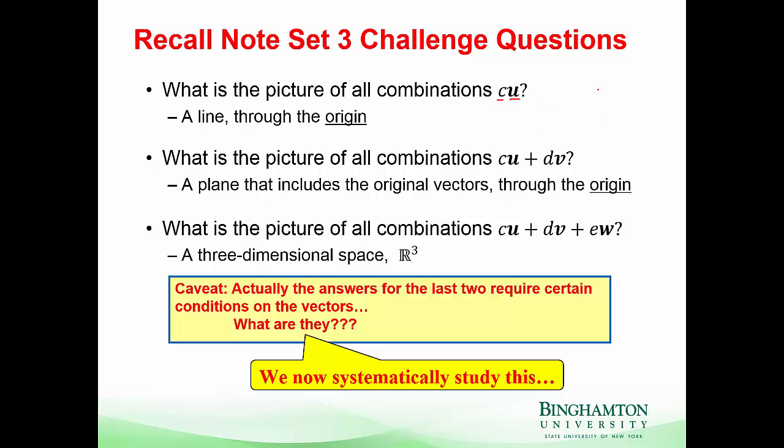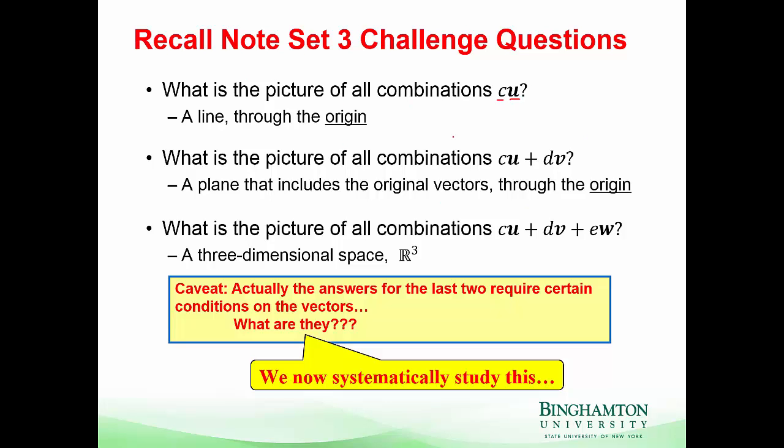And what we said was that we get a line that goes through the origin. And so we hit the origin when the variable c is set to 0. And by setting c to various positive and negative values, we can make u stretch out in both directions along some line that goes through the origin.